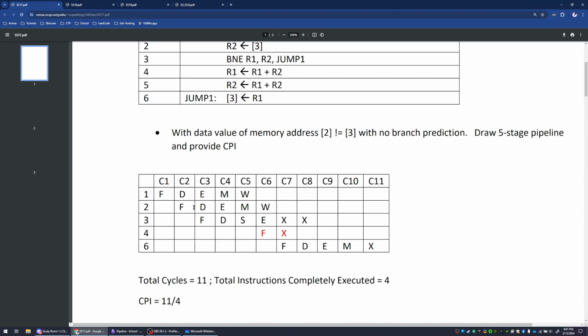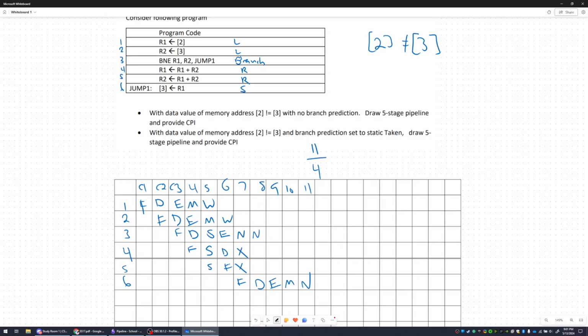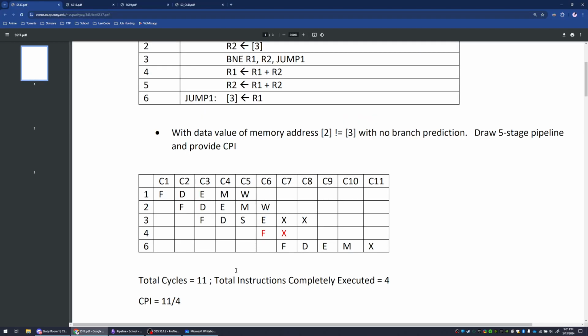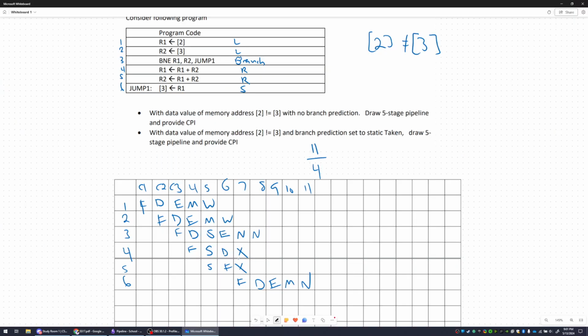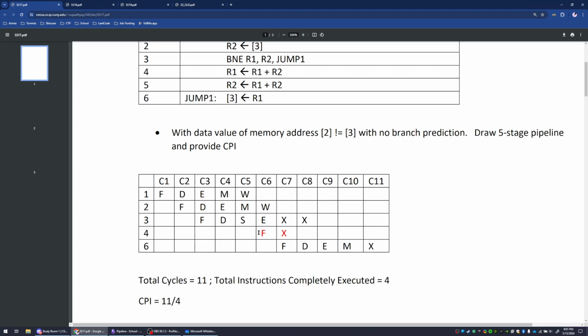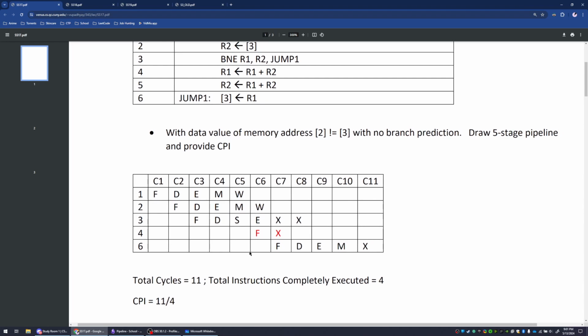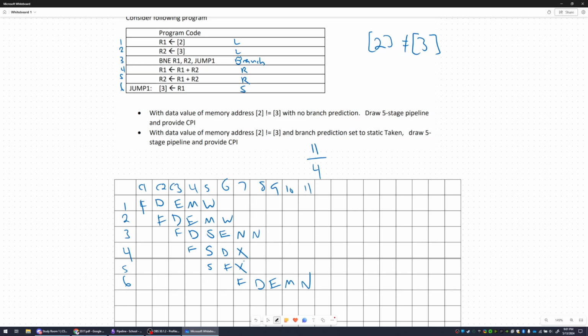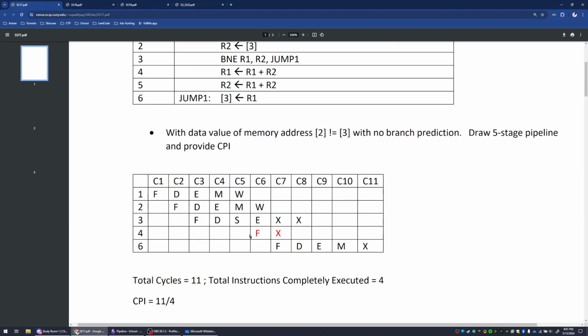Did I write the thing right? Let's go back. Line 3, line 4 is fetched at cycle 6, flushed out there. No, line 4. Did he typo? Shouldn't this be for line 5, and then he forgot line 4, right? I'm not going crazy, right? I understand why it's 11 over 4. I'm just talking about how 4 and 5 both were fetched, but he only has line 4 fetched.